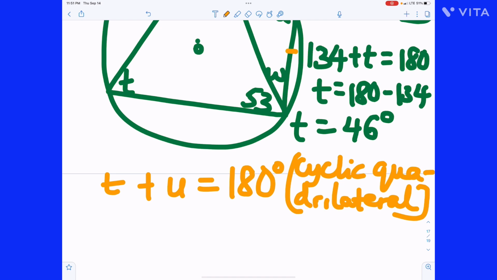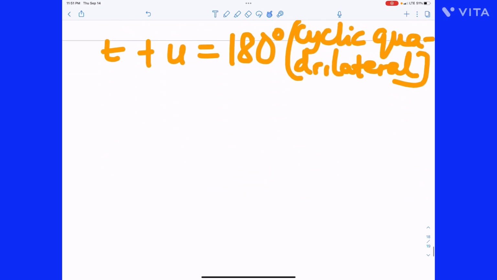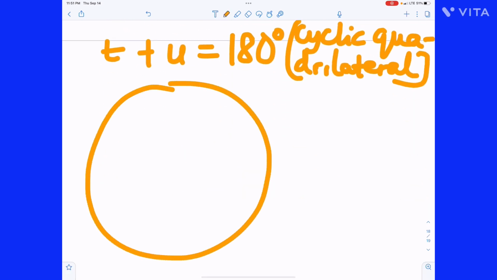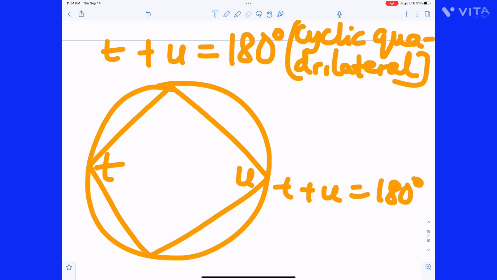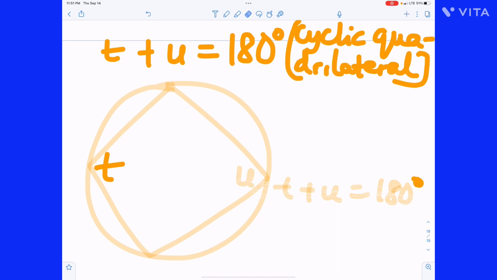We will get to the theorem, but some of them are already in this question. Anytime you have a cyclic quadrilateral, a four-sided figure, opposite angles will add to give 180. Opposite angles of a cyclic quadrilateral are supplementary.